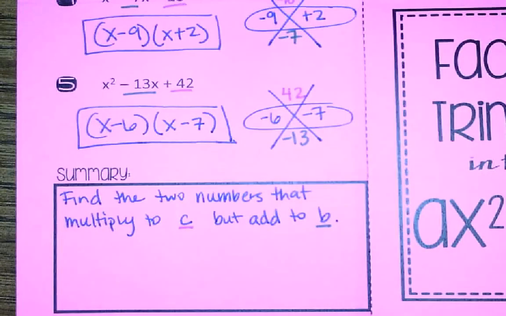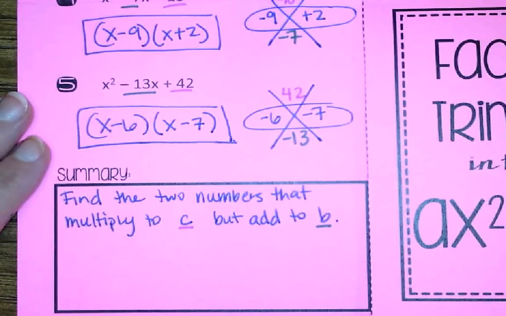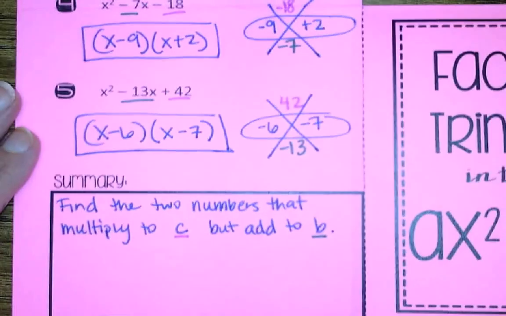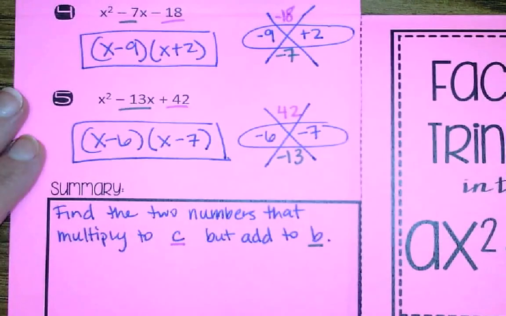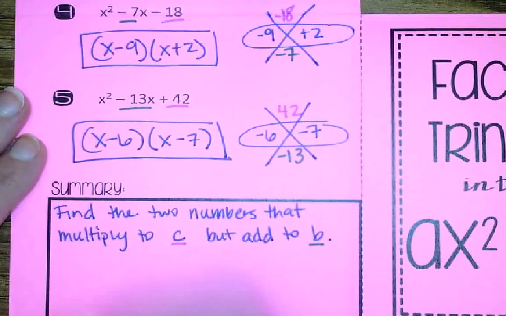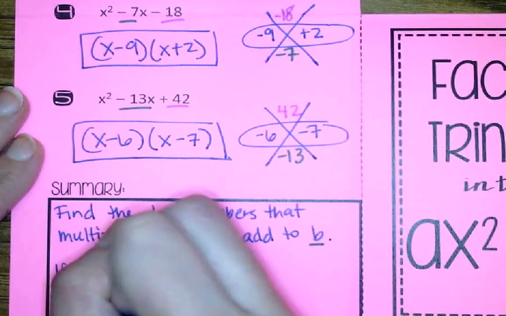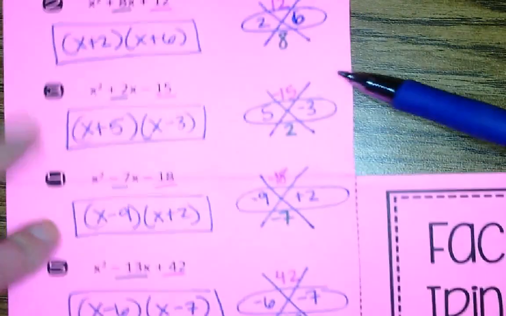Do y'all feel good about that? And then what I want you guys to notice is what's our pattern here? If C is positive, what is true about both numbers? Okay, well, here they're both positive or they're both negative.